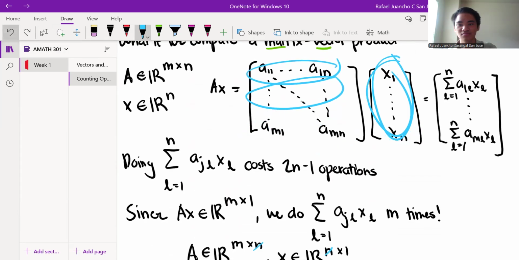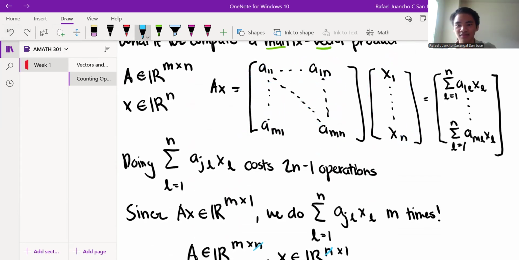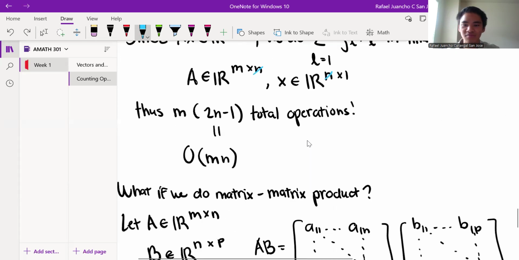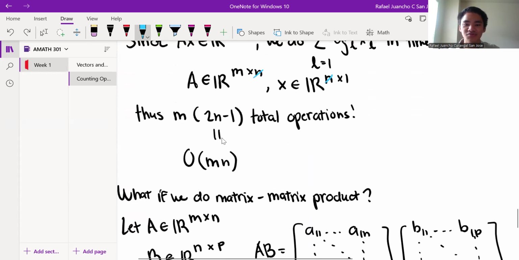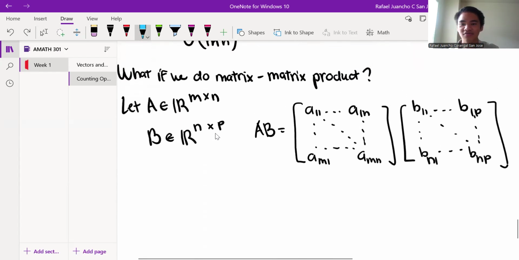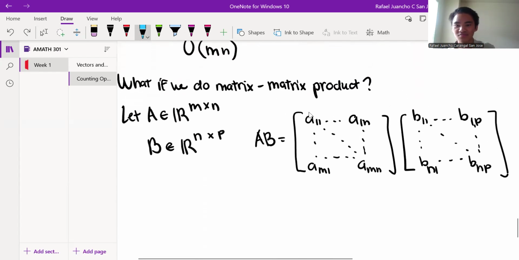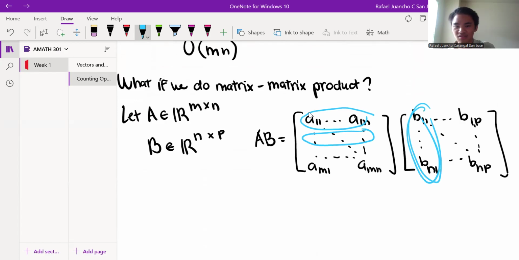Okay? The number of multiplications and additions that happened there was m times 2n minus 1. Now, if we do a matrix product, here's what we're doing. We're doing this, then this, similar, right? Then this, then this, then this, then this, then this, then this, right?